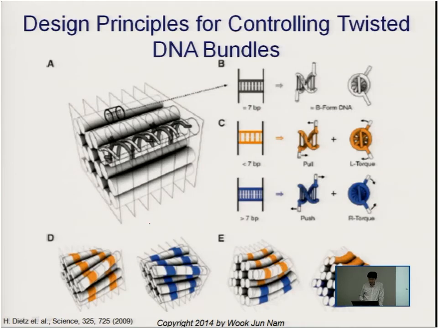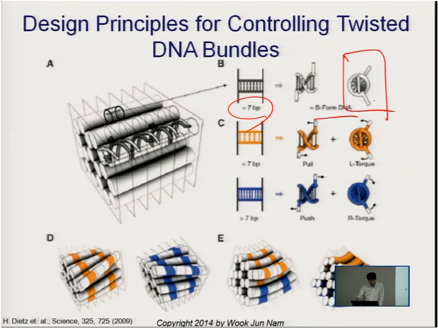So for this example, this is a 7 base pair case. In this case, it has no twist. If it is smaller than 7 base pair, it is twisted like this, and more than 7 base pair, it twists the other way like this.